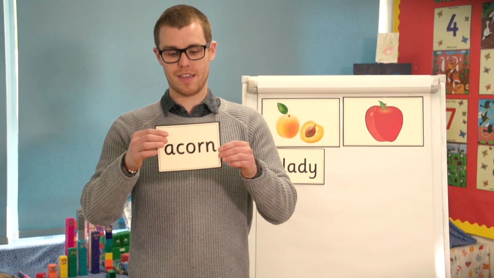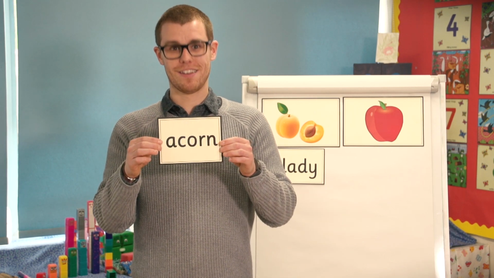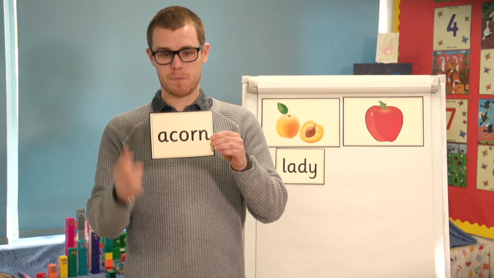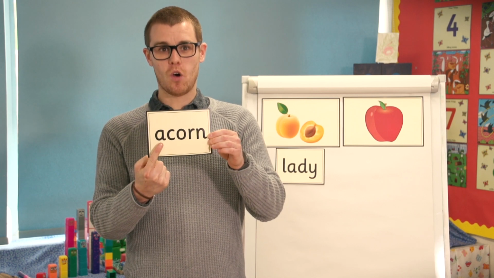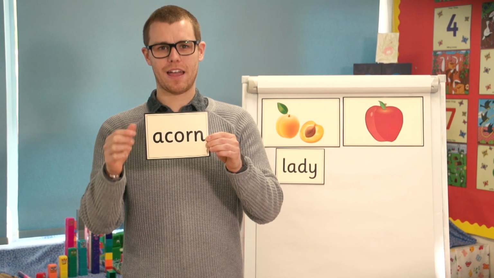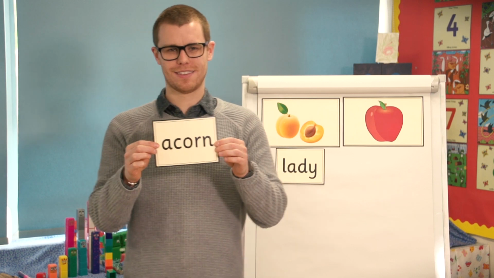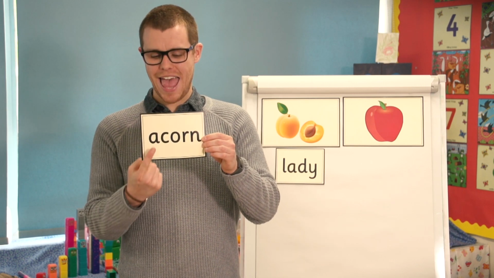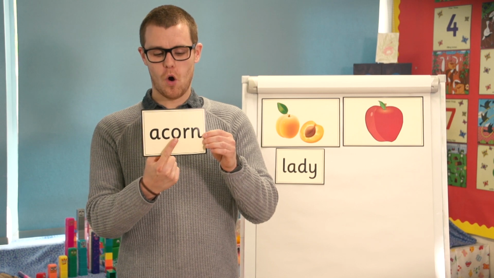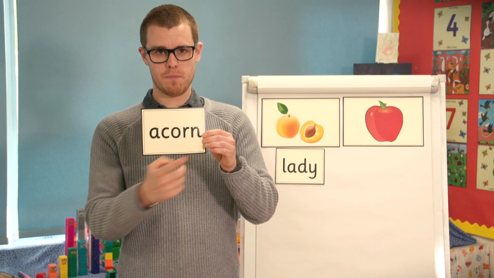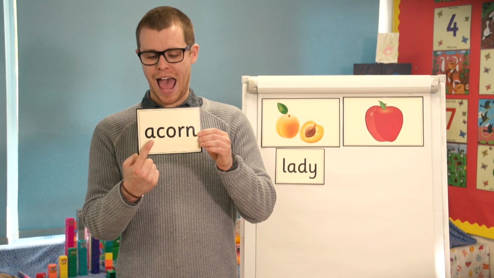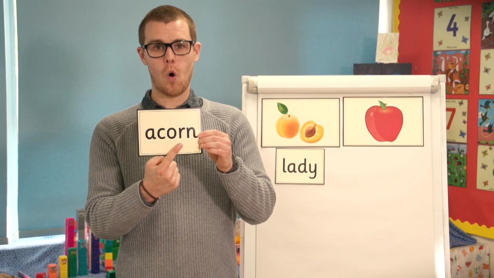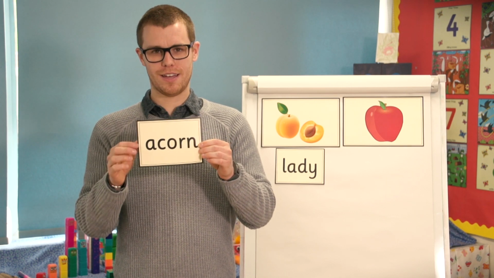Let's look at another word. Here it is. Read the word. A or A. Help me work it out. Is it A, K or N or A, K or N?